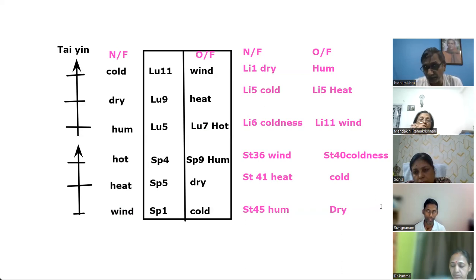So today we have learned opposite flow. What is opposite flow and where we use it, we have learned. And we should be able to apply it. We should think, make our protocols and apply.